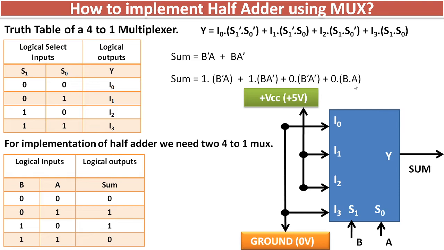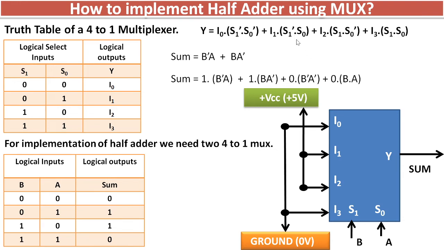Now what we have to do is substitute the variables S1 and S0 using B and A. So if we consider S1 as B and S0 as A, the select lines as B and A, and compare the output expression of the multiplexer with the expression of sum, we can see that S1 bar S0 bar is similar to B bar A bar.